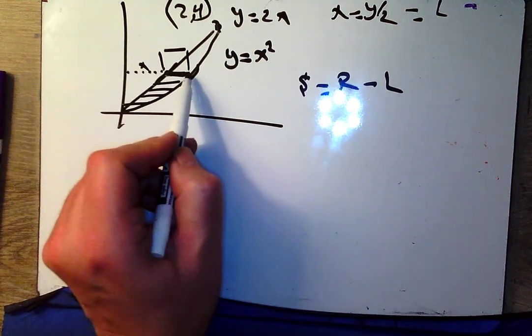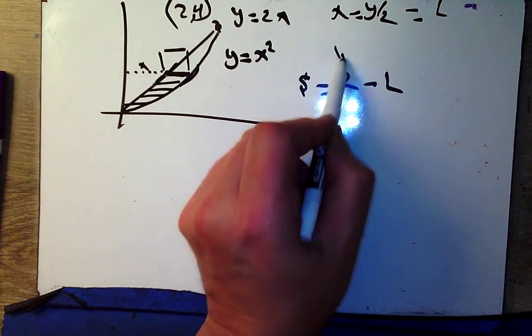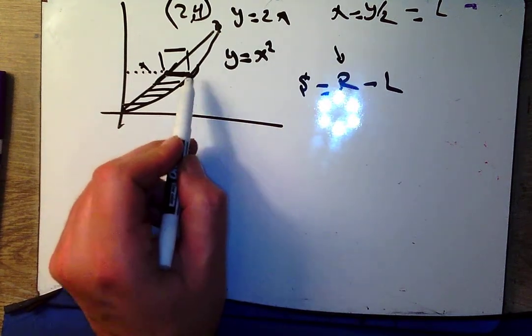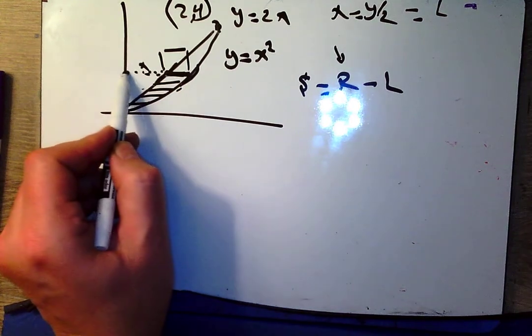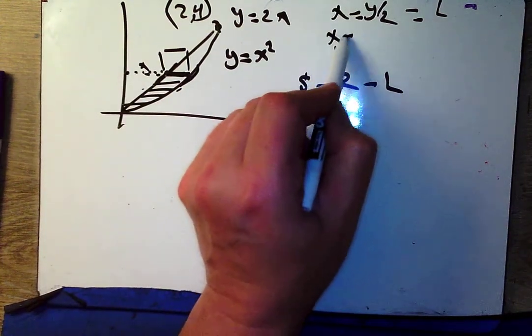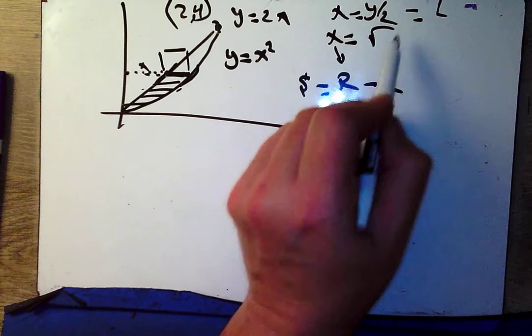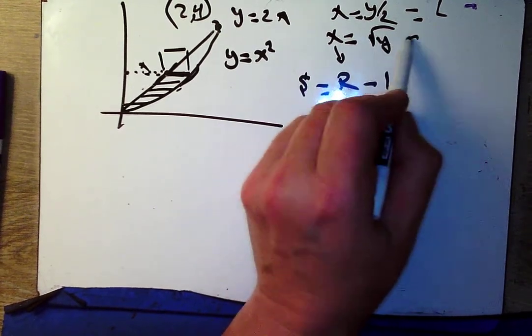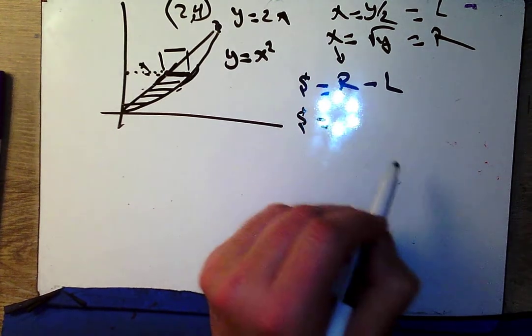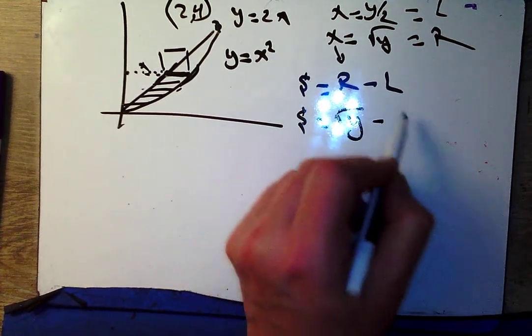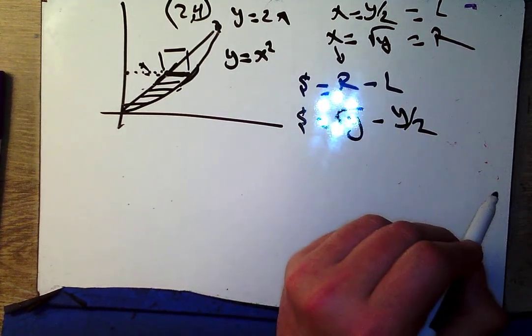Now R is this one, right? This is the right side, this is the left side. The right side, this is the x value, and that equals square root of y. And so the side length then is going to be square root of y minus y over 2.